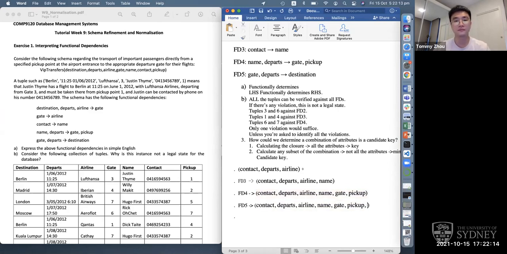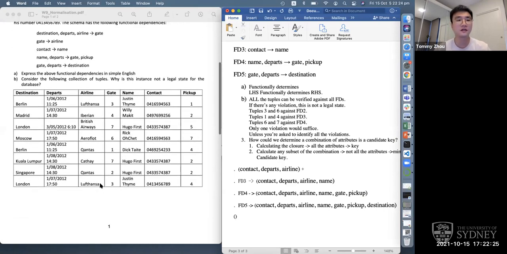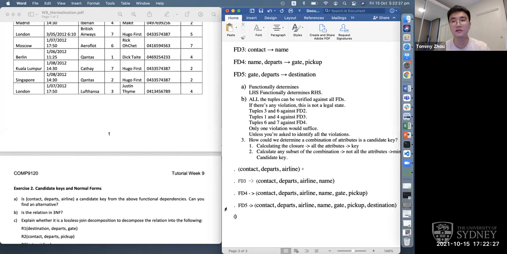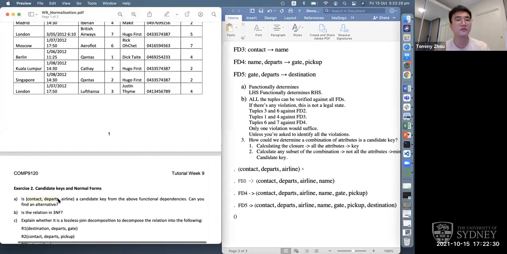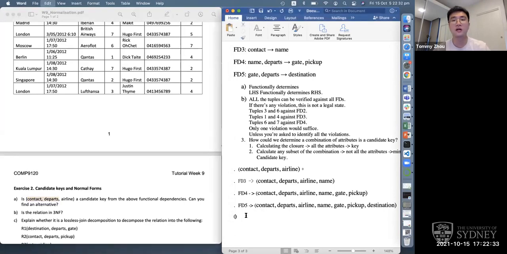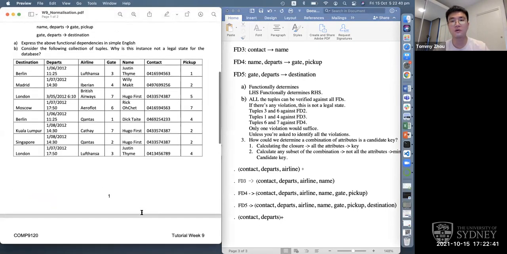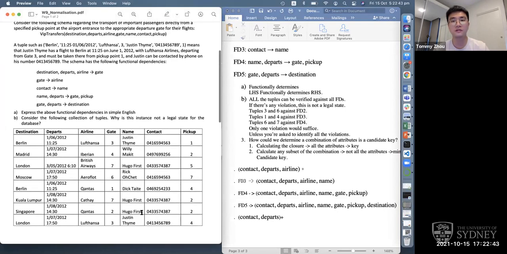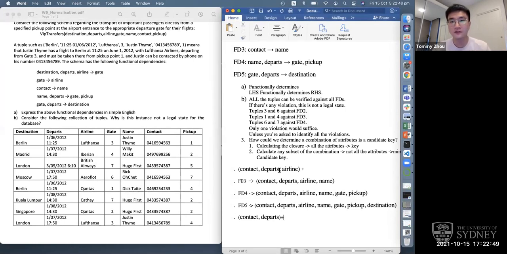All right, so this is the first step. And in the second step, we're going to verify that no subset of this combination can get all those attributes. However, if you calculate the closure of contact and departs, can we also get all those attributes? Yes, right? Because if you compare these two, airline is the one we are missing.